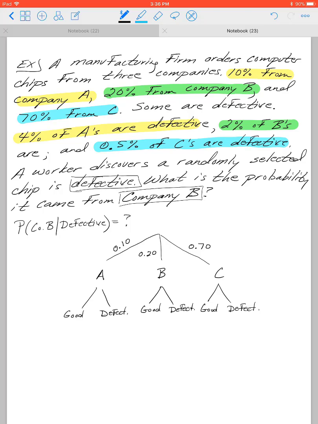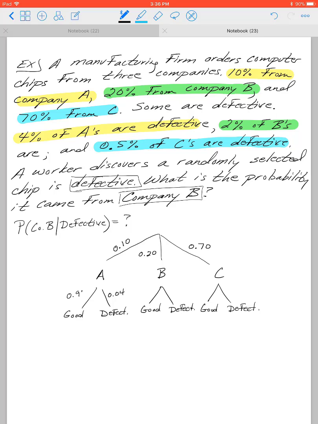Okay, so we know that once we have A stuff, it says 4% of A's are defective. So if we're coming from A, 4%, I'll put that right here, are defective. When we're dealing with percents, if 4% from company A are defective, then that means that 96%, right, 1 subtract 4%, 96% are good.